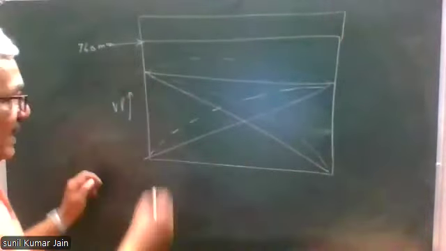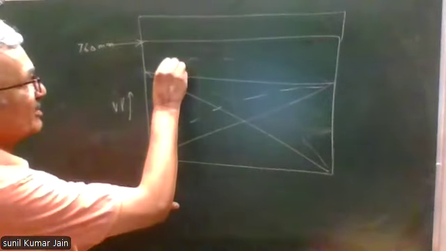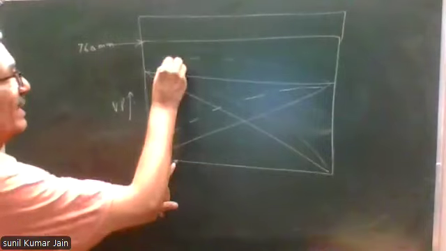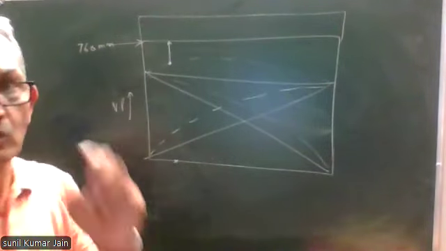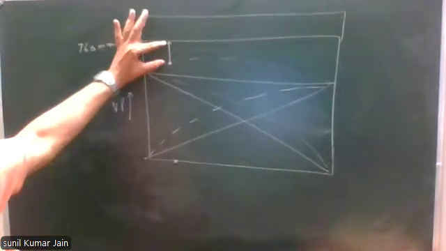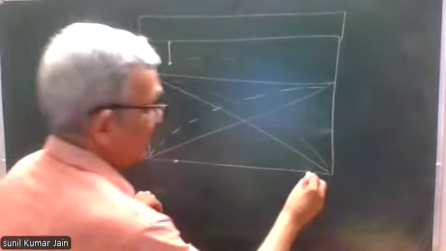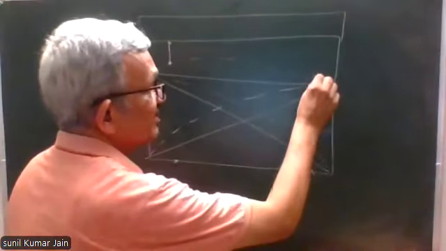Now look here. At this composition, vapor pressure of the solution is this. It means to make the solution of this composition boil, I have to increase the vapor pressure by this amount. At this composition, vapor pressure is this much.